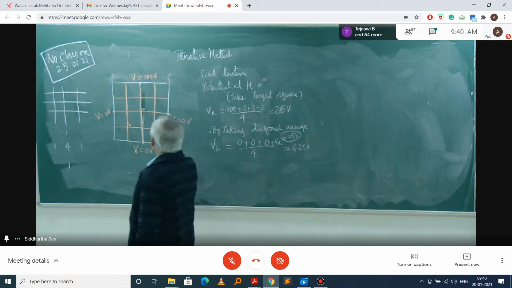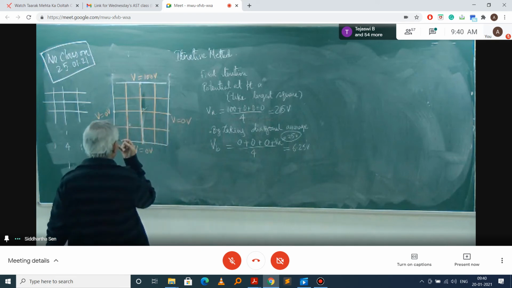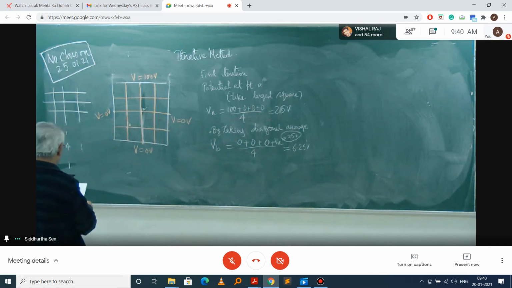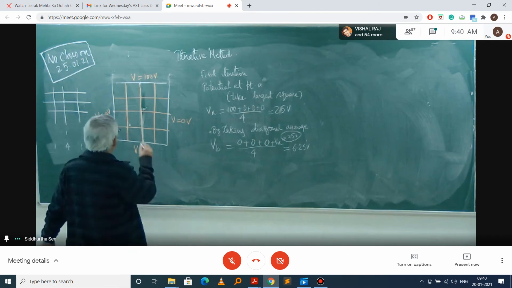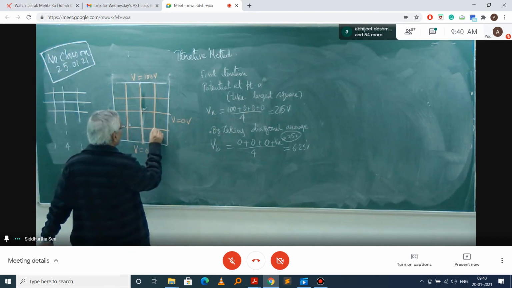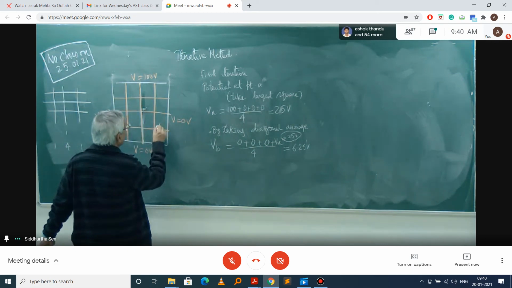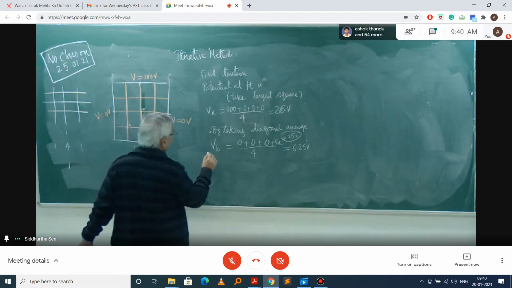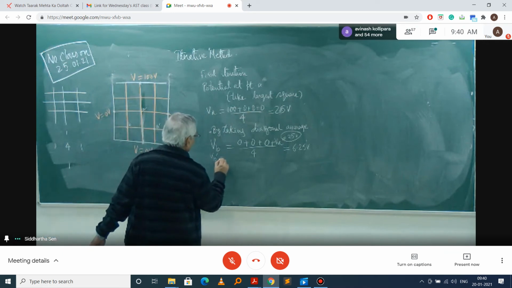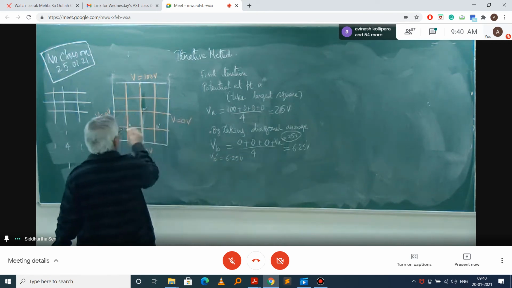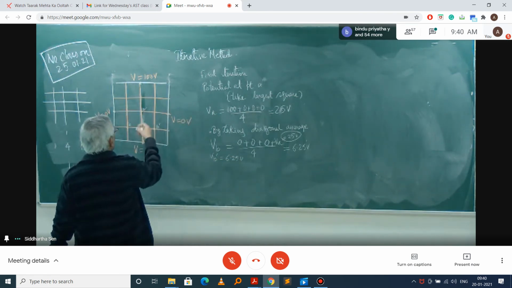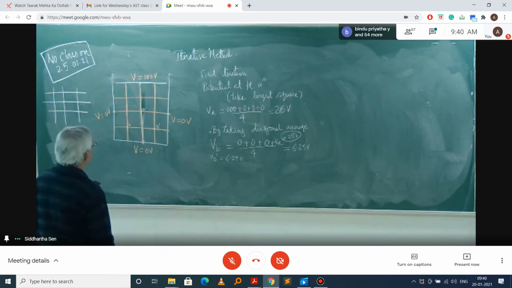Okay. And obviously, this point is 6.25. This point, say, suppose it is B dashed, is also 6.25 volt, because of symmetry, and these are all the same potentials there.